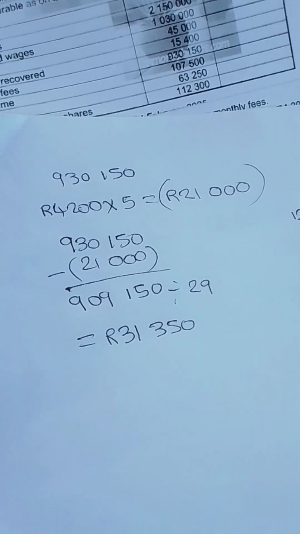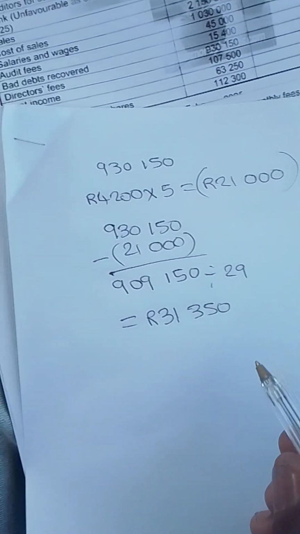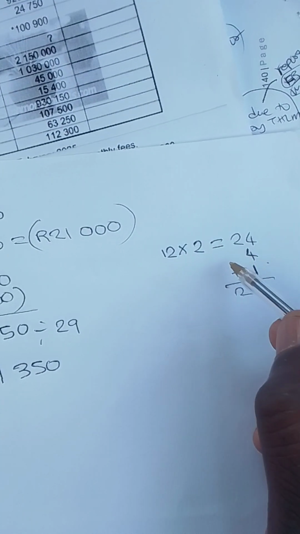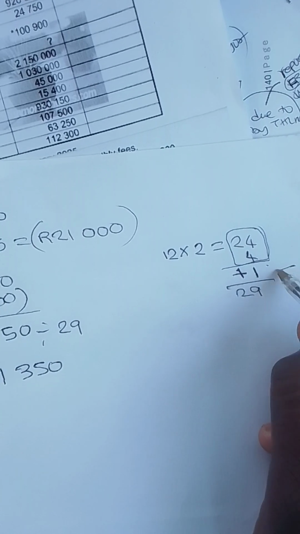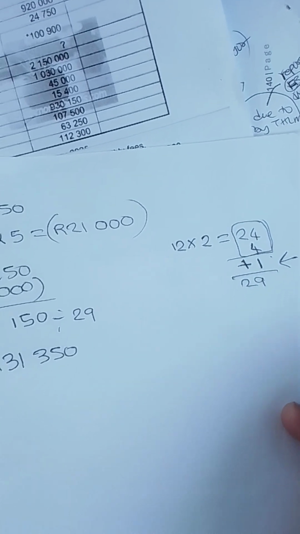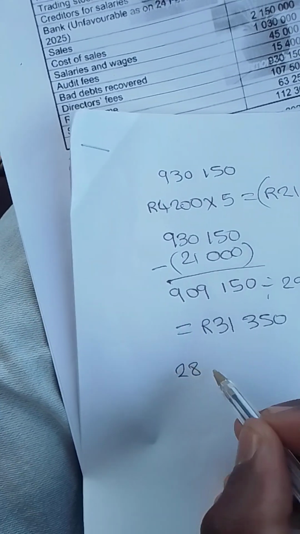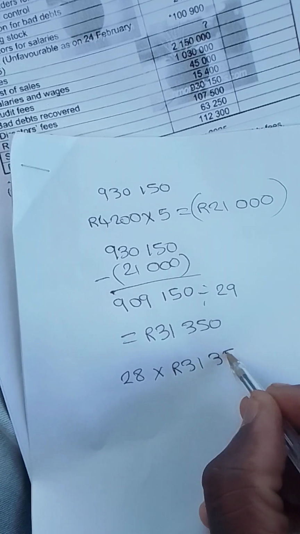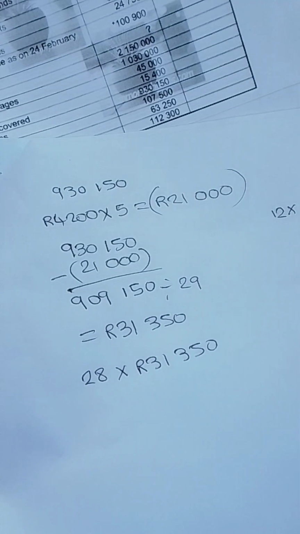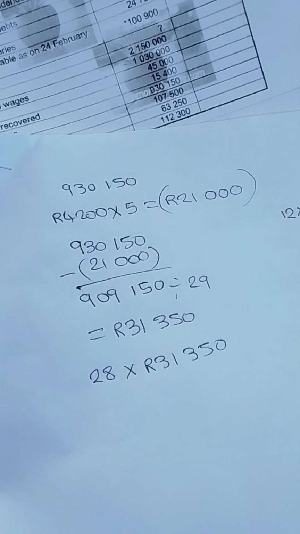Now, calculating the whole amount, we have to account for the 28 months because March is outside of the financial year. Then we take 28 months multiplied by the 31,350, before we add back the increase of the other director who's earning more than the other two directors.